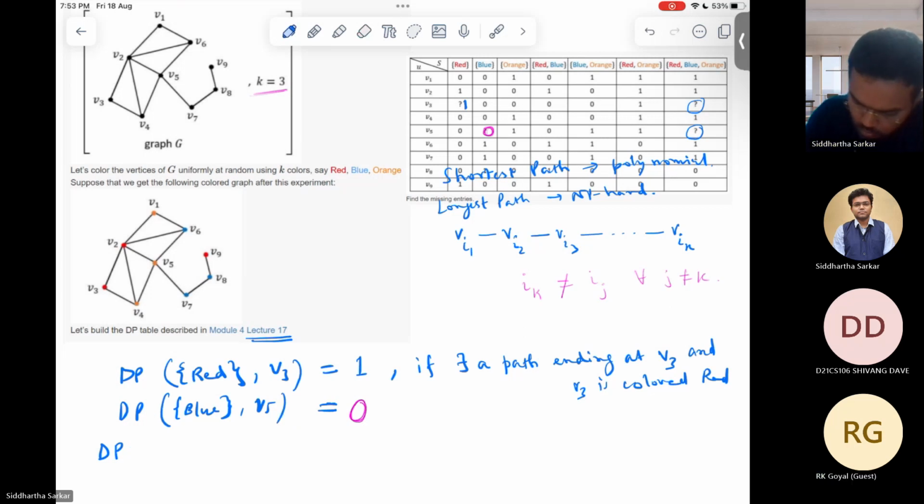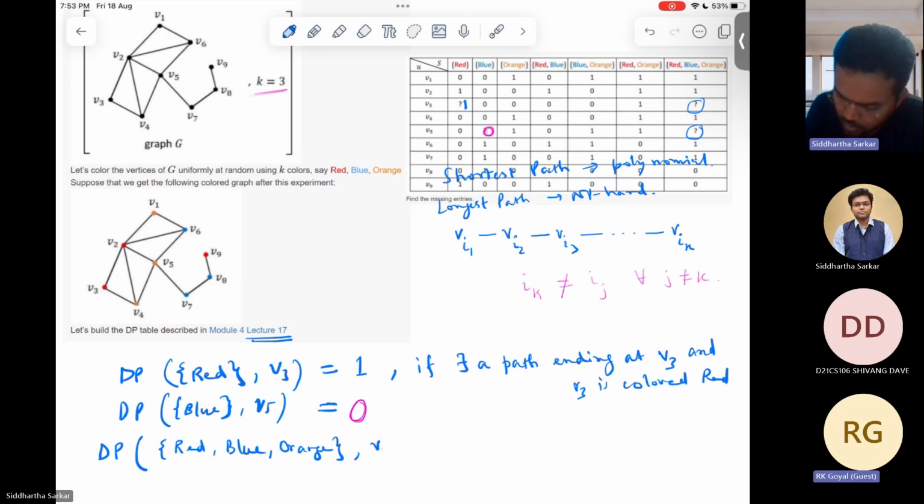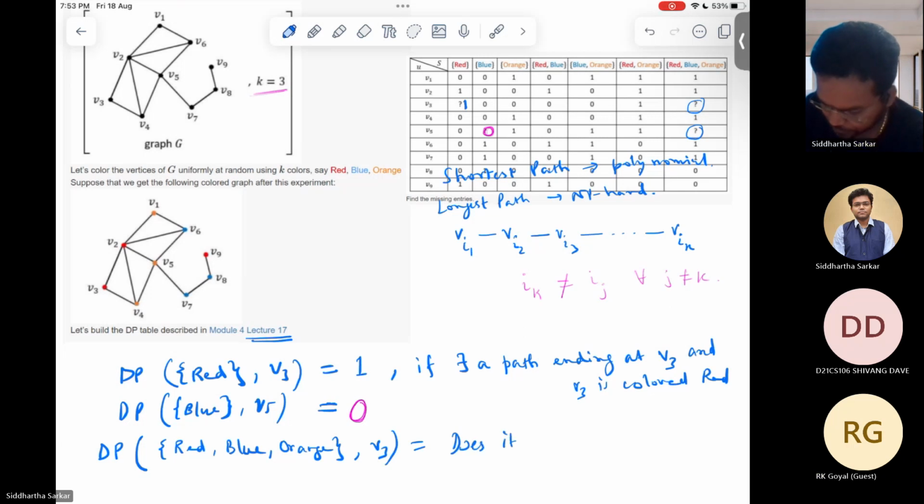So for example, we do not know the entry corresponding to red, blue, orange, and V3. So this entry is not known. This is asking, does there exist a path?